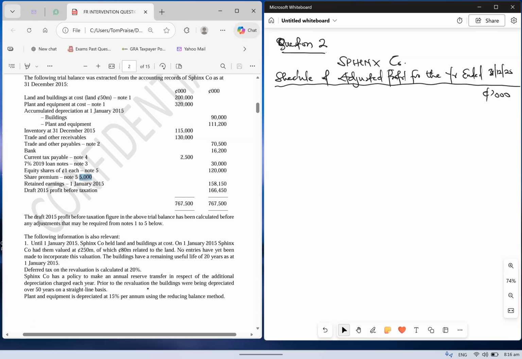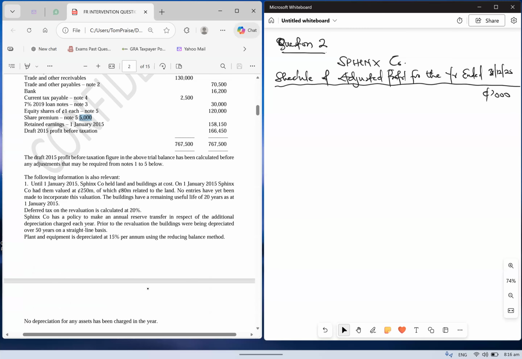All right. So the draft profit before taxation figure in the trial balance has been calculated before any adjustment that may be required from note 1 to 5 below. So note 1, until January 2015, Sphinx Co held land and building at cost.